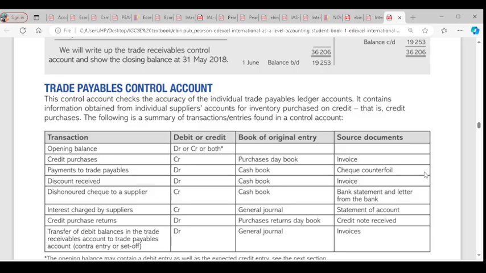Dishonored cheque to supplier. It will be a debit entry too, but it will be in the cash book. Then dishonored cheque from suppliers will be a credit entry because your cheque is being returned to you. Your supplier returns the cheque because the bank considers the cheque as DAR, drawer's attention is required.